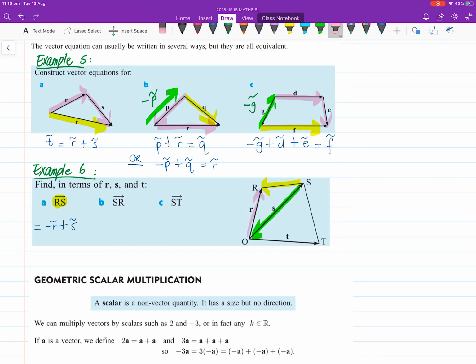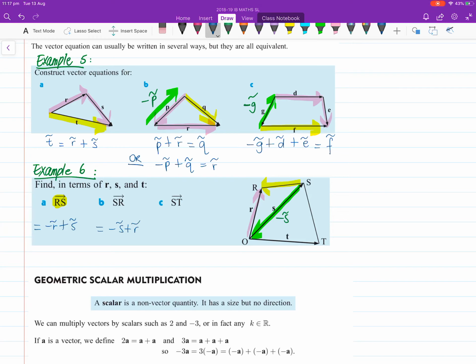And then the resulting one is tail to tip, so the tail starts at the very beginning tail, and the tip ends at the end of the last tip. So that would work that way. So I've reversed the S there, so that would be minus S. So then this would be negative vector S plus vector R.